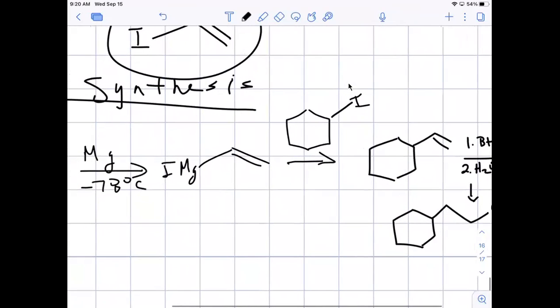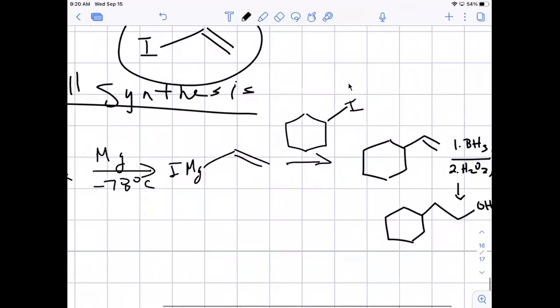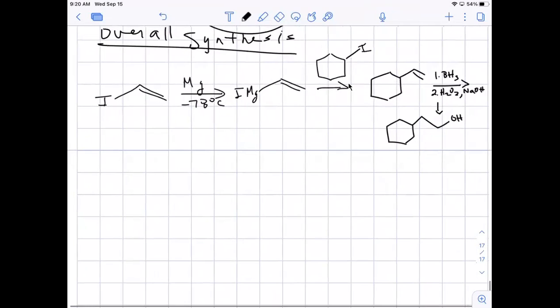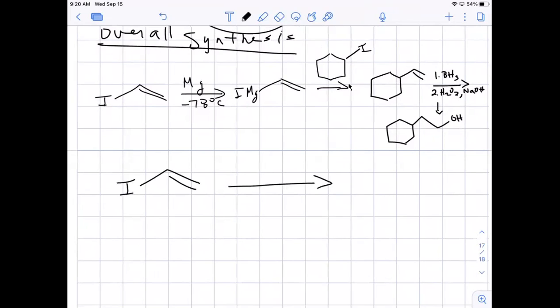But we had to work backwards. We had a product, and we had to work backwards to see what the actual two starting materials were. So if I wrote this as a multi-step synthesis, I would write it like this. I would say here is my iodide, but you can write it both ways. And then over my arrow, the first step will be magnesium at minus 78 degrees Celsius.